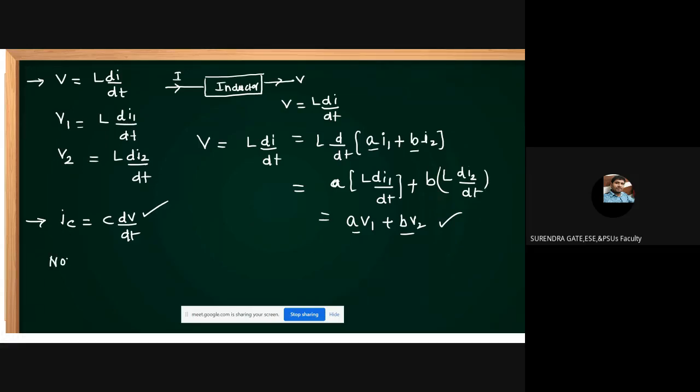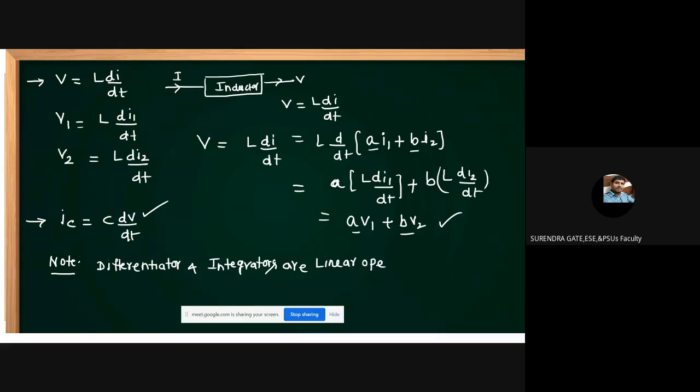Note, you remember, differentiators and integrators, as you know in mathematics, are linear operators. Sir, why is it a linear operator? Because it satisfies the superposition and homogeneity principle.